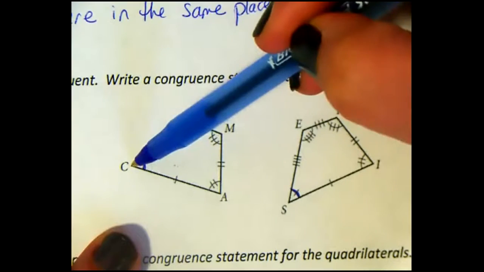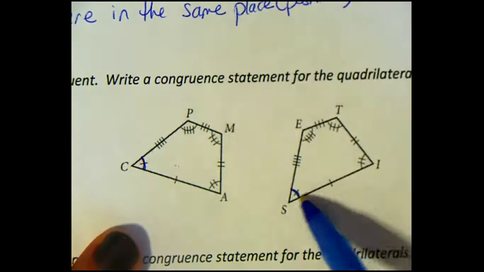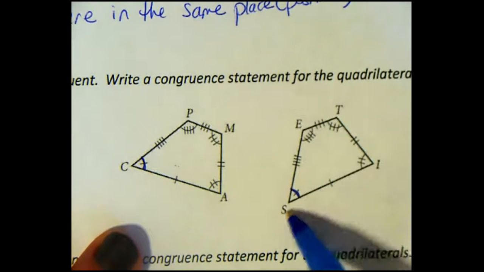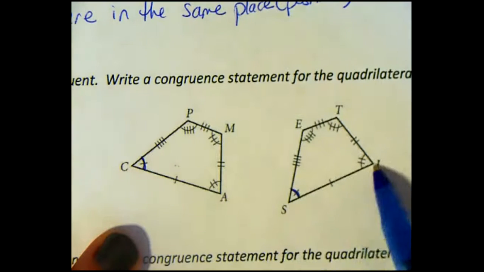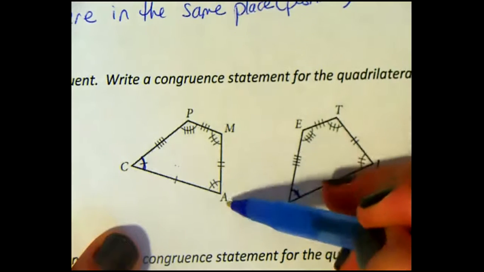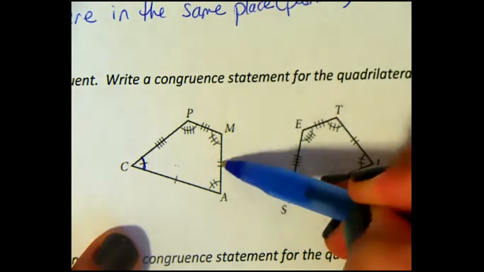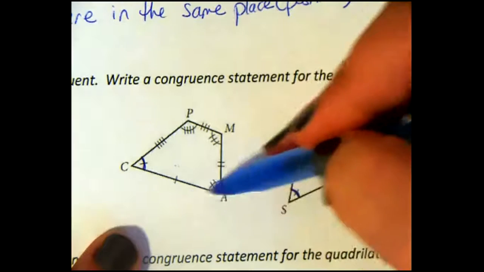If I look at side CA, it has 1 tick mark, and so does side SI. So side CA is congruent to side SI. Same thing here. Side AM has 2 tick marks. Side IT has 2 tick marks. So these 2 sides are congruent.